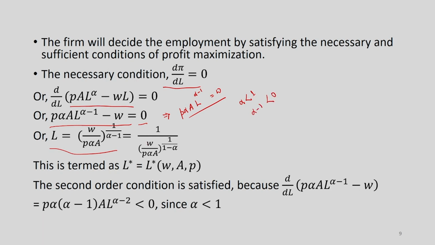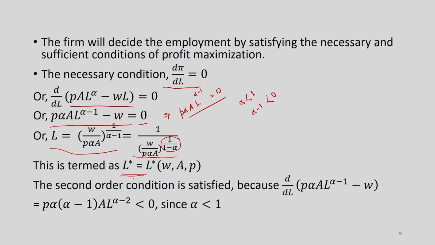Therefore, I have taken the reciprocal so that the power here is positive. So, this is a positive number. So, what I am getting is L is equal to (p alpha A divided by w) to the power 1 divided by (1 minus alpha), and let us call this L star.